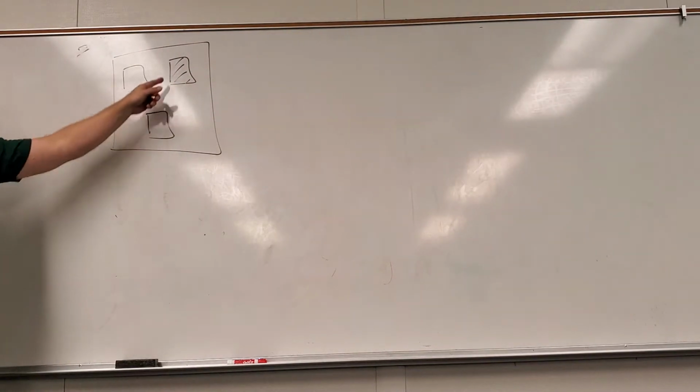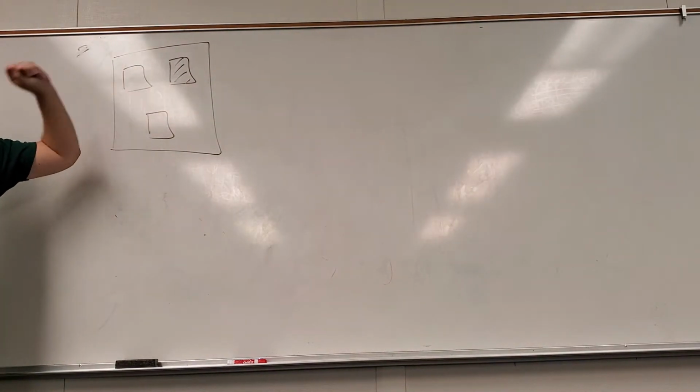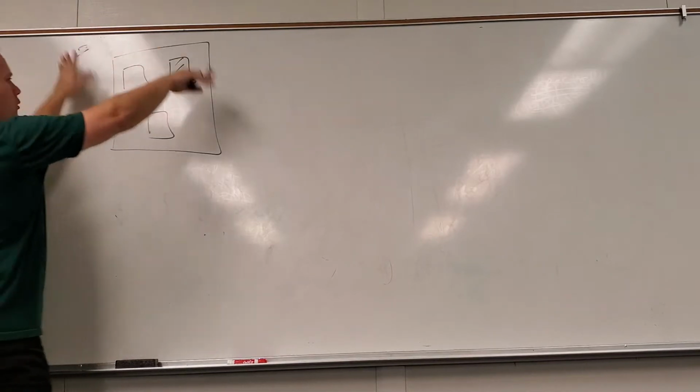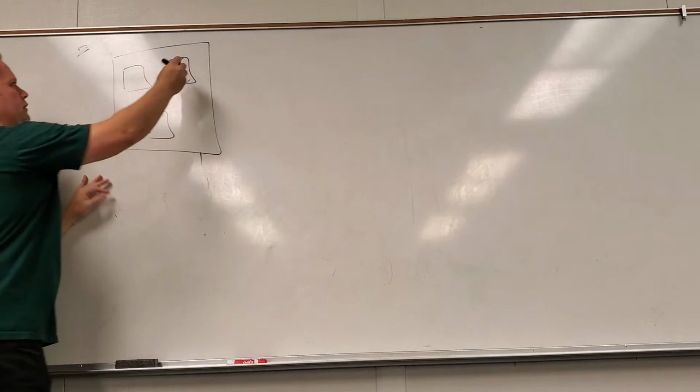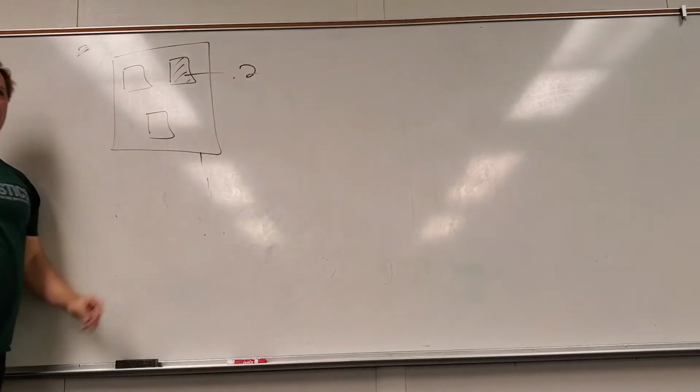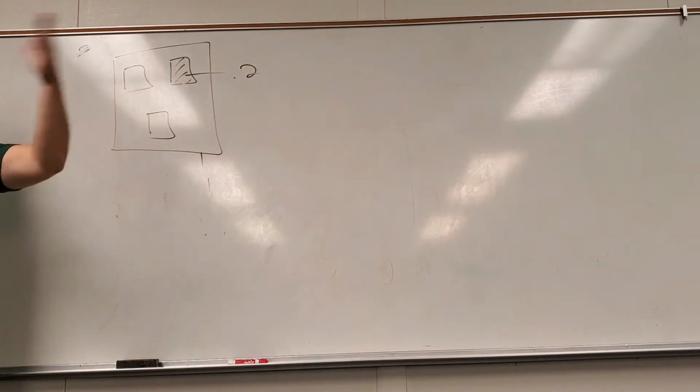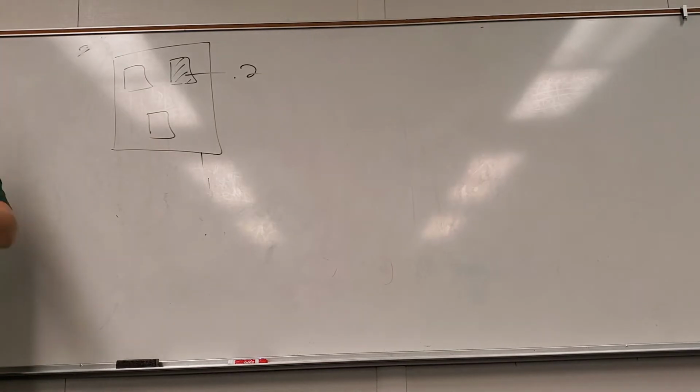So the probability I get one in this spot is equal to the percentage of the area that is, right? So if I said the whole area was 1, and this was like 20% of the area, so that's 0.2. What's the probability of getting that square? 20%. It's equal to the area of the region I want to get.